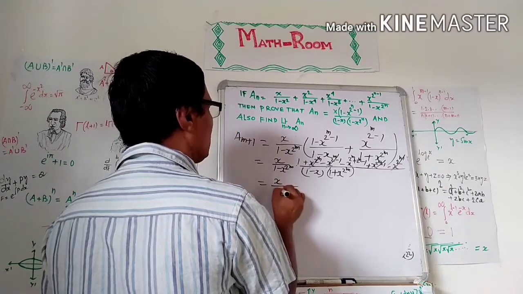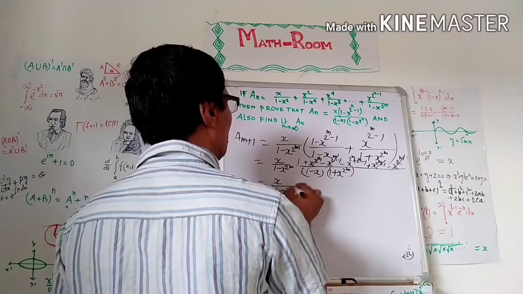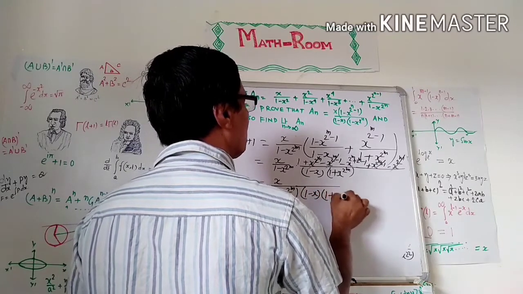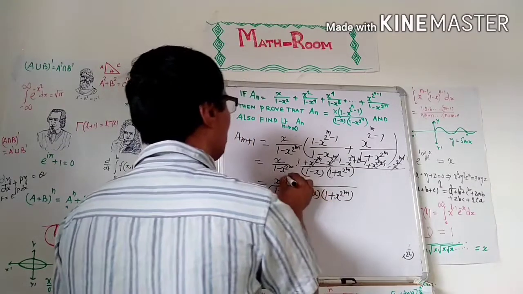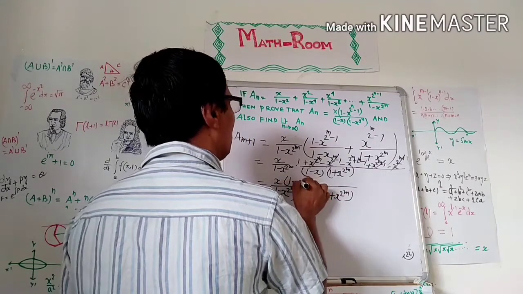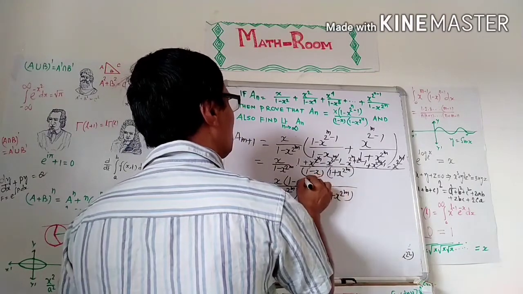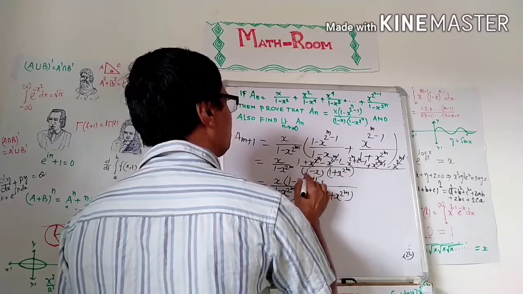x over 1 minus x into 1 plus x to the power 2 to the power m into 1 minus x to the power 2 into 2 to the power m, that is 2 to the power m plus 1 minus 1.